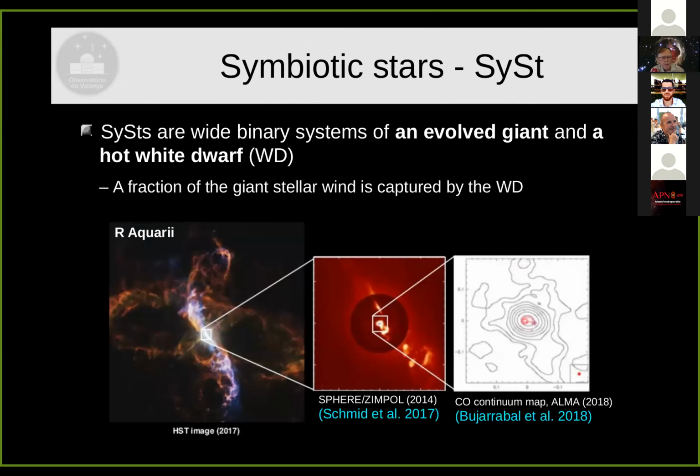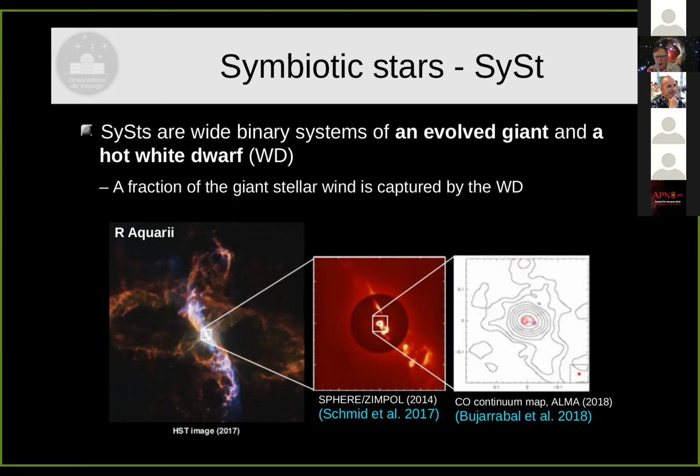Of course, it's not necessary to introduce symbiotic stars again, but they're so beautiful that I want to talk about them. The important thing is to remember that these objects matter for the planetary nebula community because they are wide binary systems in which you have a cold giant, an evolved star, whose wind is partly transferred to a hot white dwarf.